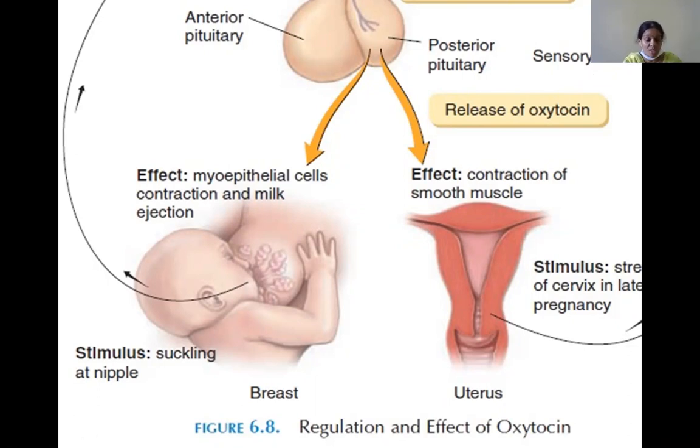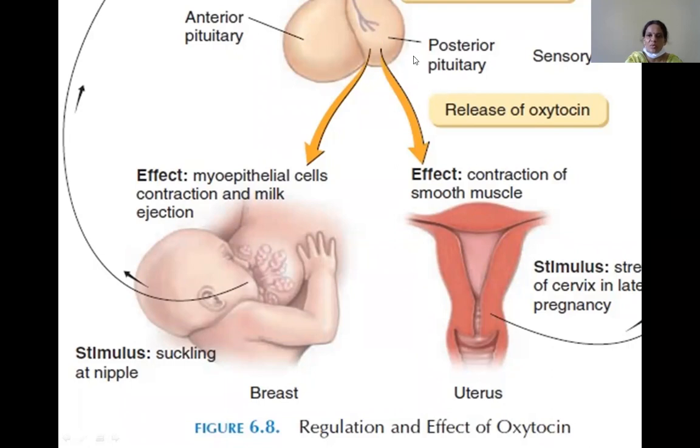So the major mechanism is the stretch receptors which are present in the nipple. They will be stimulated when the baby suckles. So this afferent impulse will be carried to the spinal cord, from the spinal cord to the hypothalamus, from the hypothalamus to the posterior pituitary as well as to the anterior pituitary.